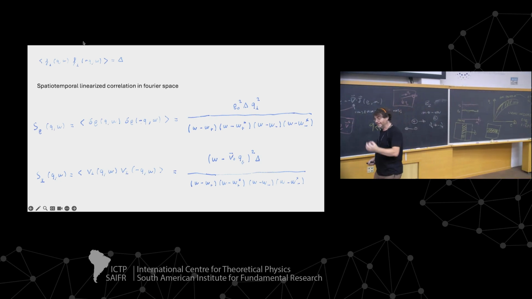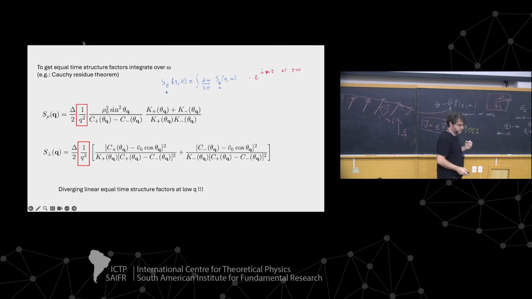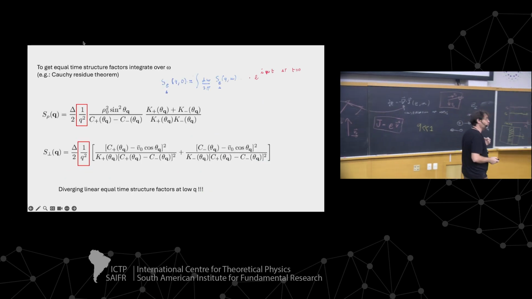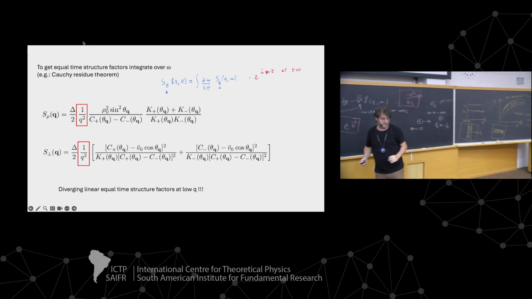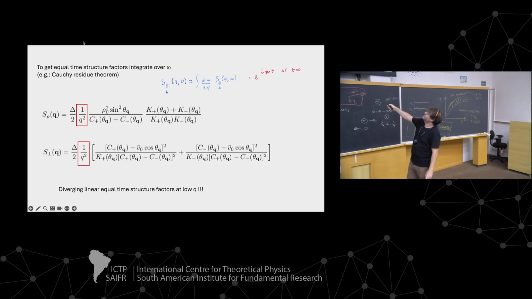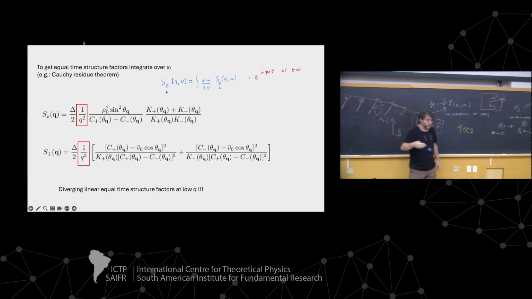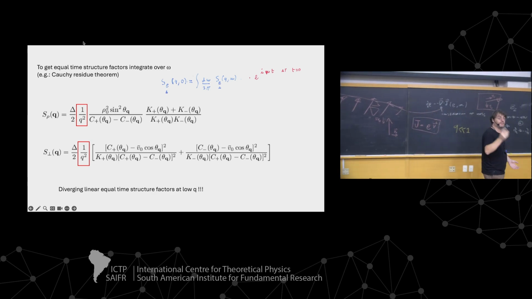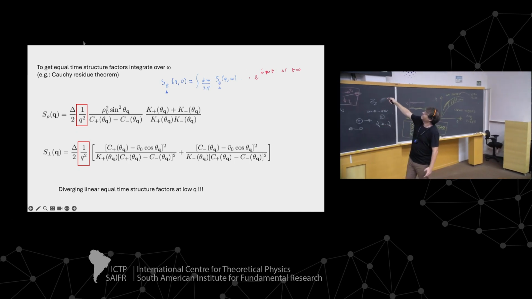We want equal time correlation functions. So to get equal time correlation function, we need to integrate over the temporal frequency. In principle, to find a correlation function separated by time t, you should multiply by this Fourier coefficient e to the I omega t. But since we want equal time, t is 0, and this part we get rid of. So we have to carry on this integral.